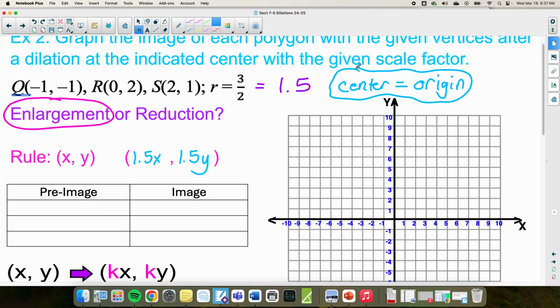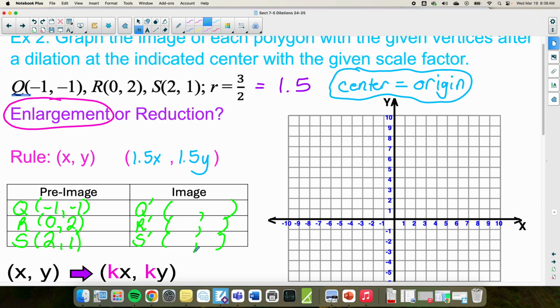All right. So now when we look, I'm gonna copy down the 3 points with their letters again. So this is Q is -1, -1, R is 0, 2, and S is 2, 1, okay? Now I need to figure out what my Q prime is, what my R prime is, and what my S prime is. And when I do that, I am taking each of my coordinates here and multiplying by 1.5, okay?